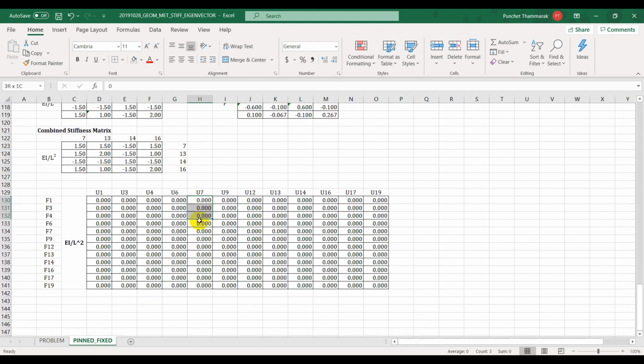So take a look. 7 and 7 is right here. 7, 13, 14, 16. Then I copy.